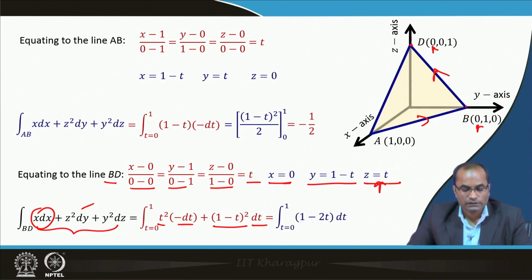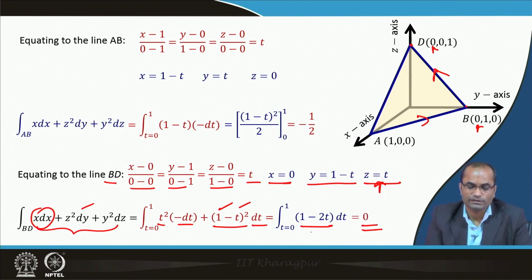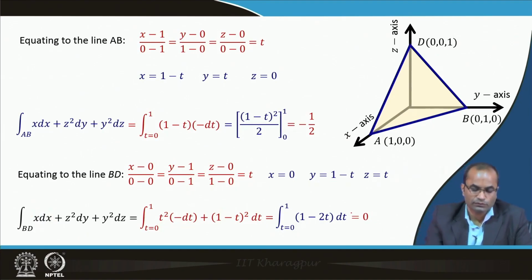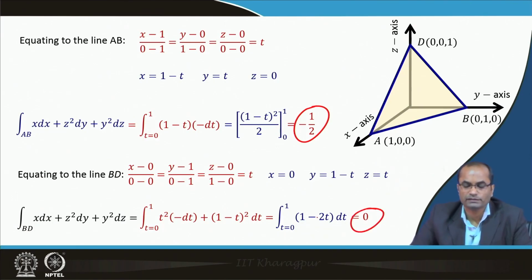Just simplify this: we have minus t square there, and we get t square from here, that will cancel out. So, we will get 1 minus 2t, and that value will be 0 when we integrate this one. So, along this BD the value of the integral is 0, and along this AB the value was minus half.